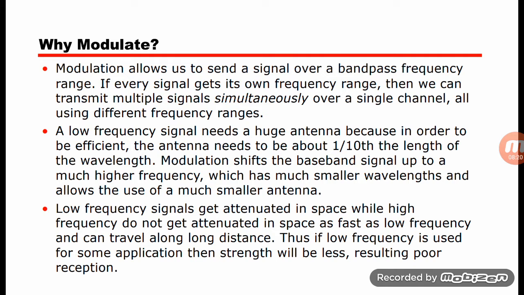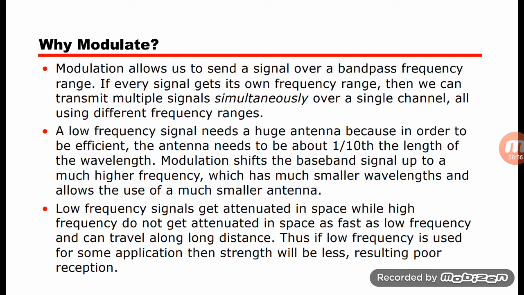Another signal whose frequency range is from 0 to some f3. And you want to send these 3 signals through this channel at the same time. What would you do? You will shift its frequency so that it falls in this range, right? Then you will shift this one such that its frequency starts from here and ends here. This is the second. And for the third one, you will shift its frequency so that it falls in this. So you can send all 3 signals on the same channel without any problem.